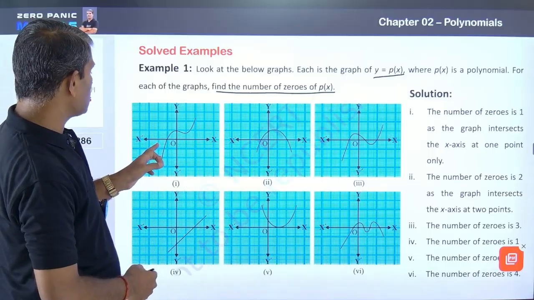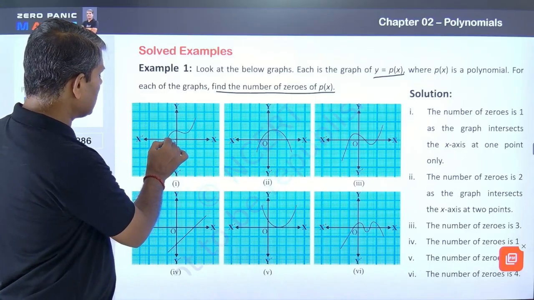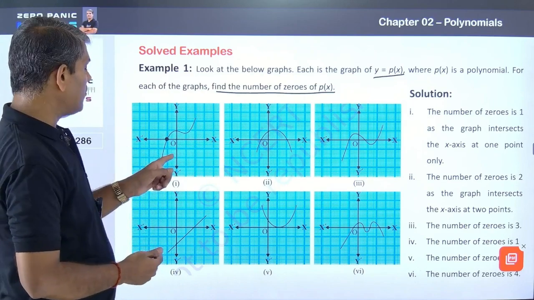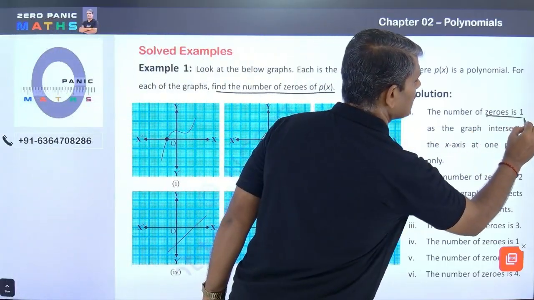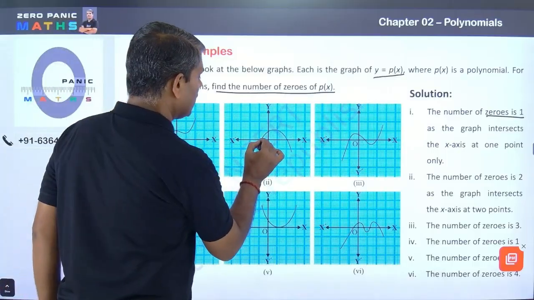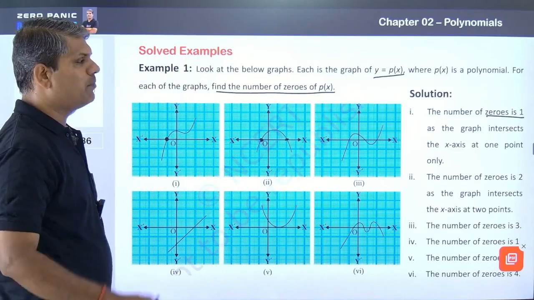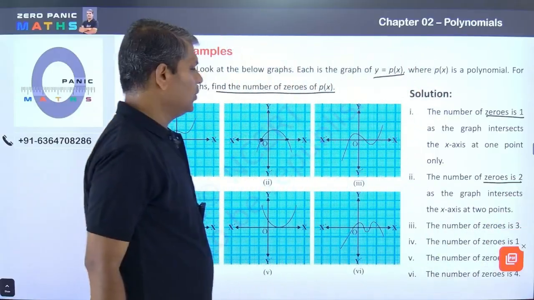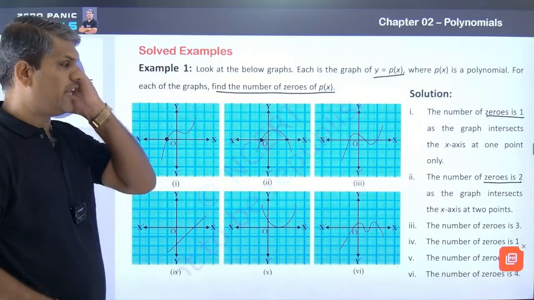So for case 1, you see that there is a graph plotted and it is cutting the x-axis at only 1 point. So the number of zeros for case 1 is 1. For case 2, it is a parabolic structure and it is cutting the x-axis at two different points. So the number of zeros is 2. Now, this is an example of a cubic polynomial that I already explained to you.